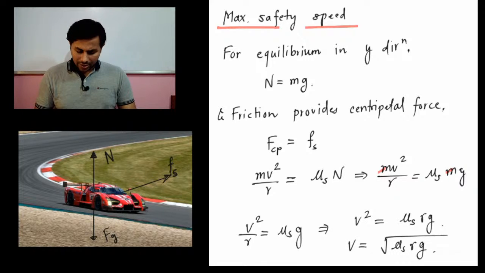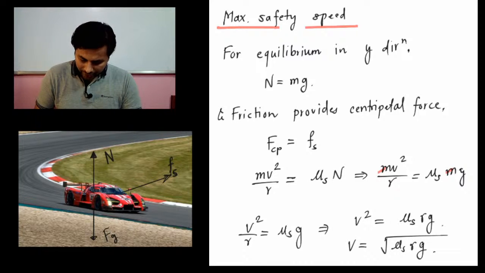Okay, so we know centripetal force is mv square by r. So when centripetal force is maximum, the speed will be maximum.